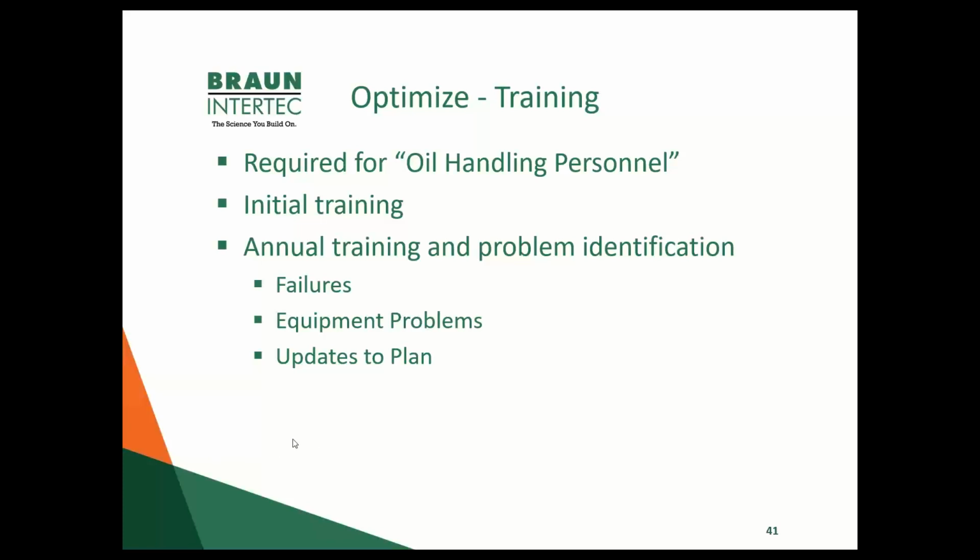And then we also take the annual training as an opportunity to look at your plan and say, have there been any changes, either in critical staff or in our infrastructure, in our storage or in our containment, that mean we have to change the SPCC plan? And keep in mind, if you have a plan that has been certified by a professional engineer, meaning you have a facility with 10,000 gallons or more, anytime you change the oil handling or the oil storage or containment on your facility, you have to have the PE review the change to the plan or prepare the change to the plan and recertify that document.